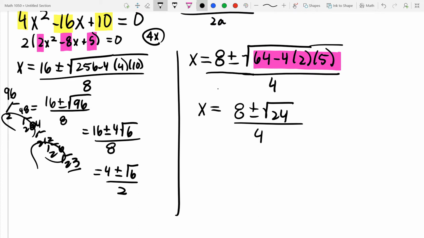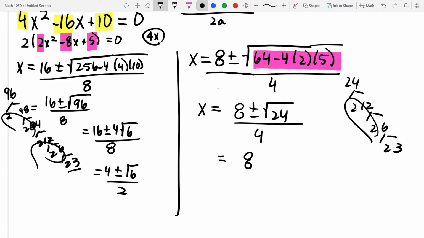Can I reduce right now? Can I reduce everything by 4? Yes or no? No. Why not? The 24 is inside the square root. That's why. So I can't do that, but I can break down the 24. So 24 is 2 times 12. 12 is 2 times 6. 6 is 2 times 3. These two 2's come out as a single 2.